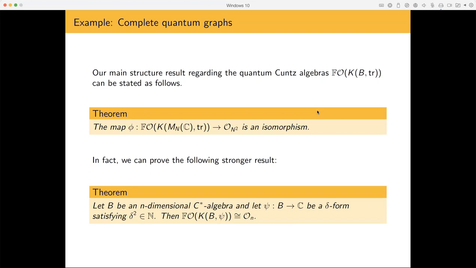The relation between these graphs and the graphs that we are looking at here is passing from any graph like this N-loop graph to its line graph, where the vertices of the line graph are the edges of the original graph, and the adjacency relation is determined by how these edges connect or do not connect.